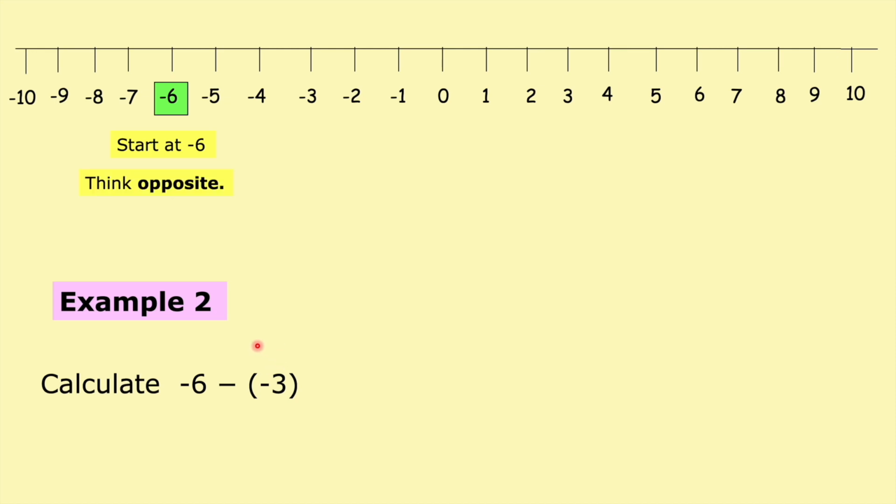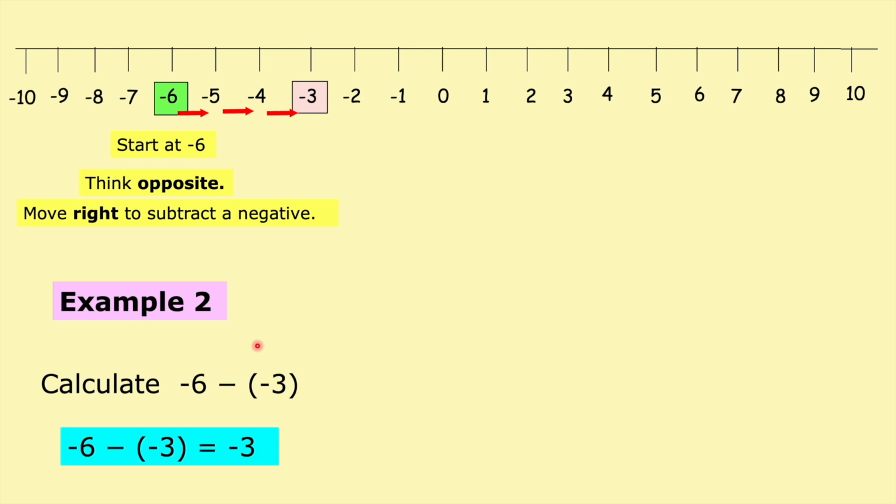I'm going to think opposite and move right to subtract a negative. So rather than moving left to subtract a positive, we'll be moving right. So we're moving right 3 places, 1, 2, 3, to get to negative 3. So that means negative 6 subtract negative 3 equals negative 3.